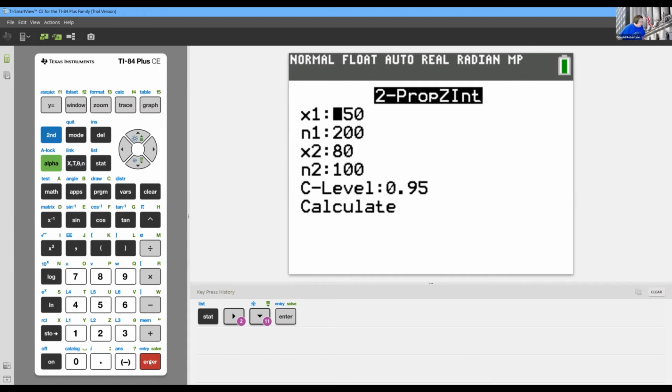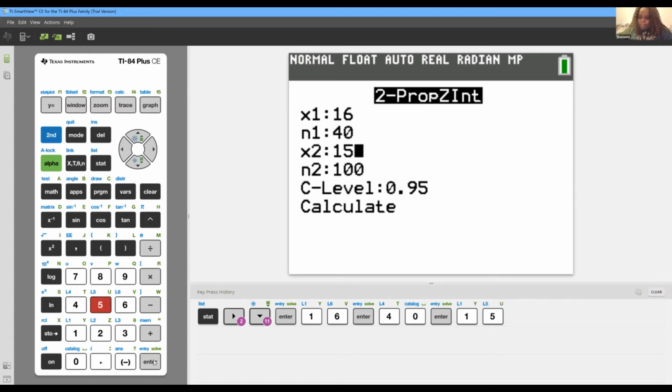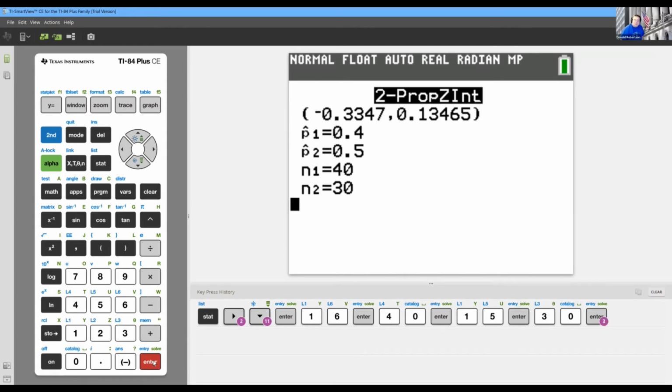So I'll hit it. According to our sample, X1 was 16 out of 40, and then X2 was 15 out of 30. It is a 95% level, so I can leave that alone. Calculate, go.